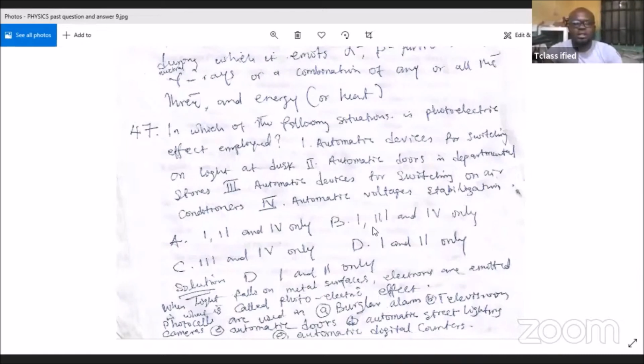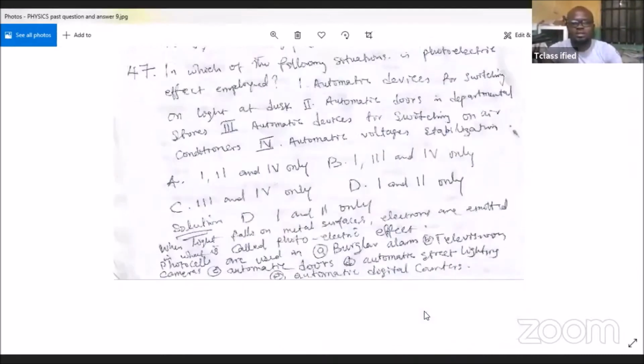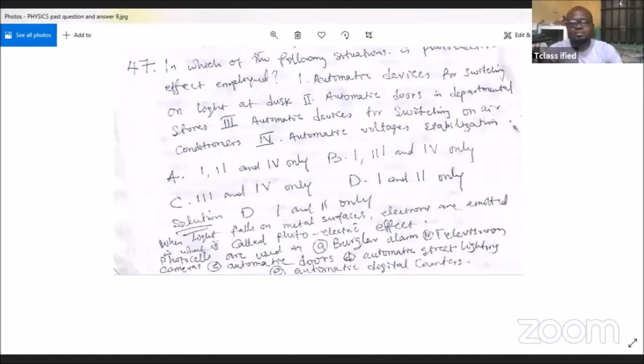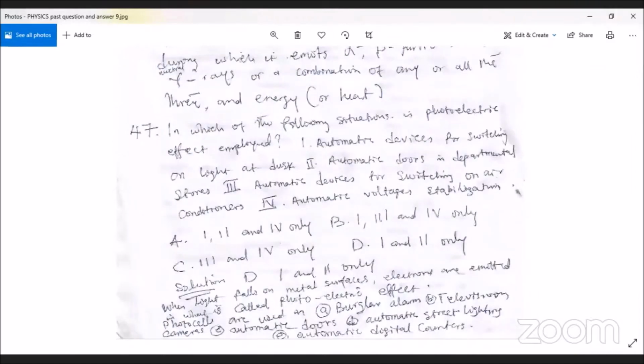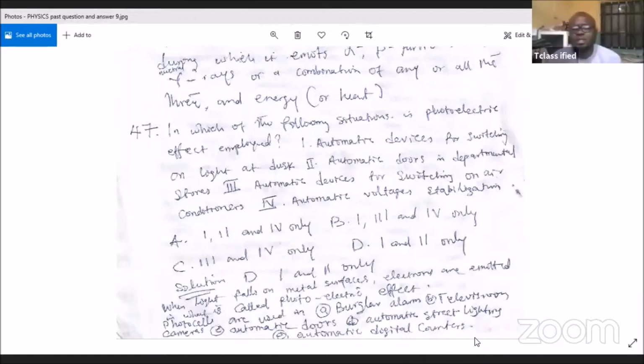I will check out the description. When light falls on metal surfaces, electrons are emitted in what is called the photoelectric effect. So the photoelectric effect simply means the emission of electrons due to light. That's why we have photo. Photo means light.